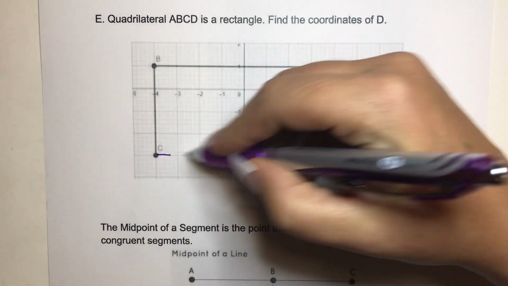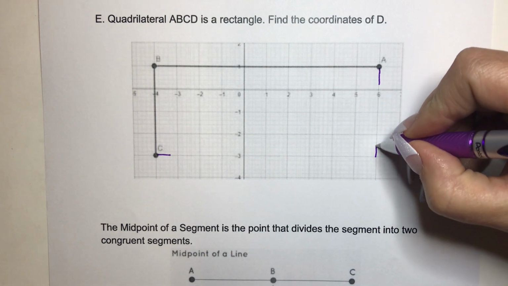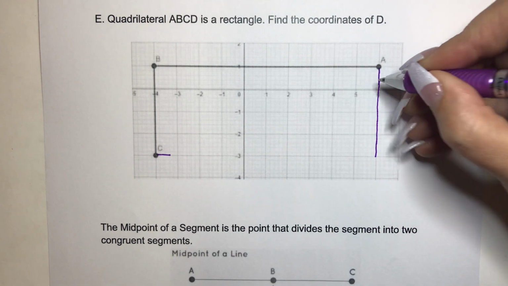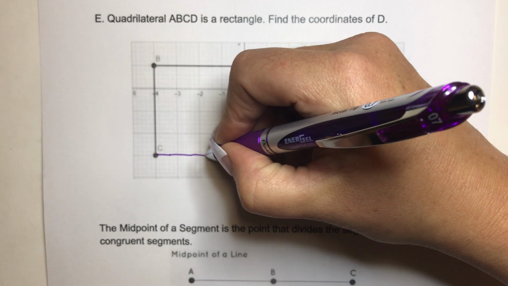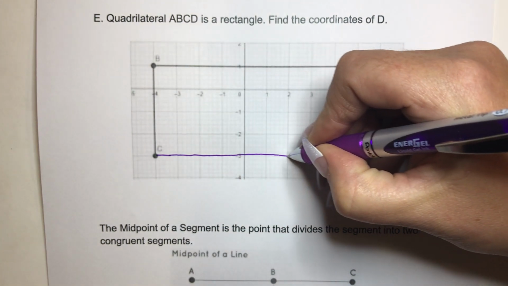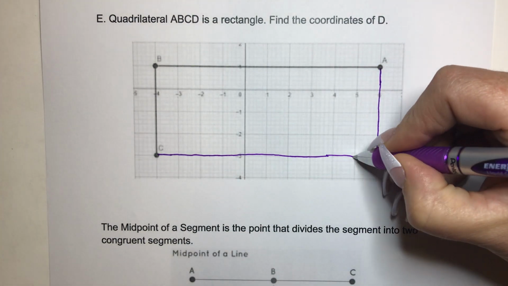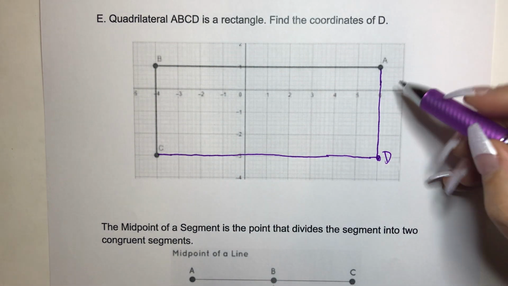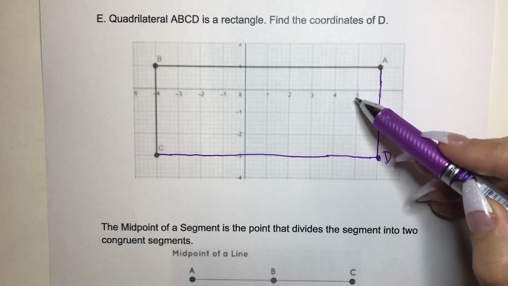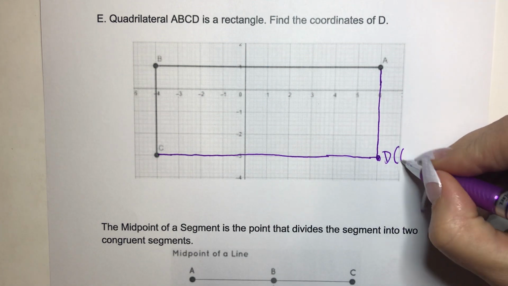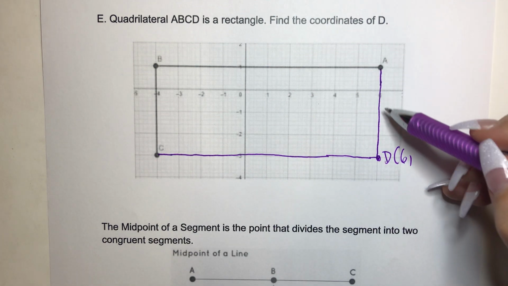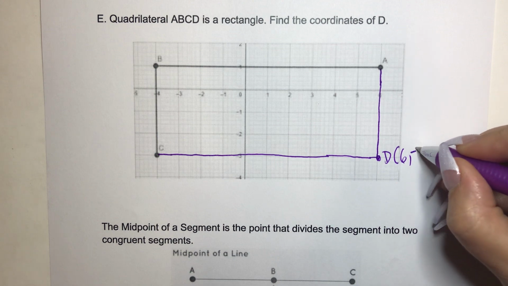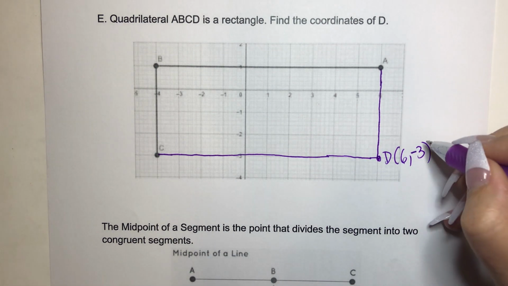And it's going to come over here. For a rectangle, the opposite side lengths have to be the same. And this is where our rectangle would be. This would be D. And what is that? 1, 2, 3, 4, 5, 6. 6 down, 1, 2, 3, -3. And that's what D would be.